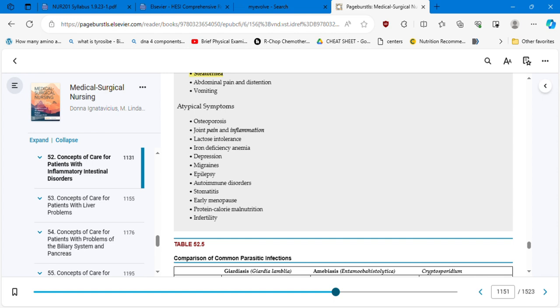So if we have a disease in the gastrointestinal area, it is going to affect our mental status. That's why if we have an excessive quantity of bad nutrition, we're going to have depression, anxiety, migraines. Also autoimmune disorders, stomatitis, early menopause, protein calorie malnutrition, and infertility.